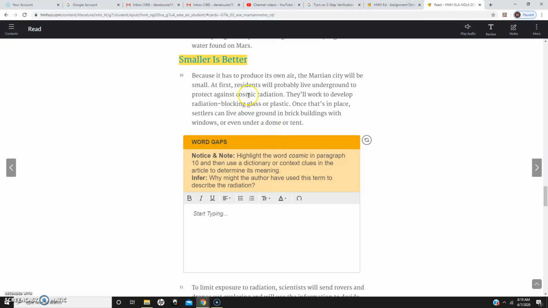I do this part for you, highlight cosmic, and you have to use a dictionary or use your context clues to help you understand the meaning of the word cosmic. Why might the author have used this term to describe radiation? But if you go back even further, they tell you about cosmic radiation. So I want to let you answer this particular question on your own.